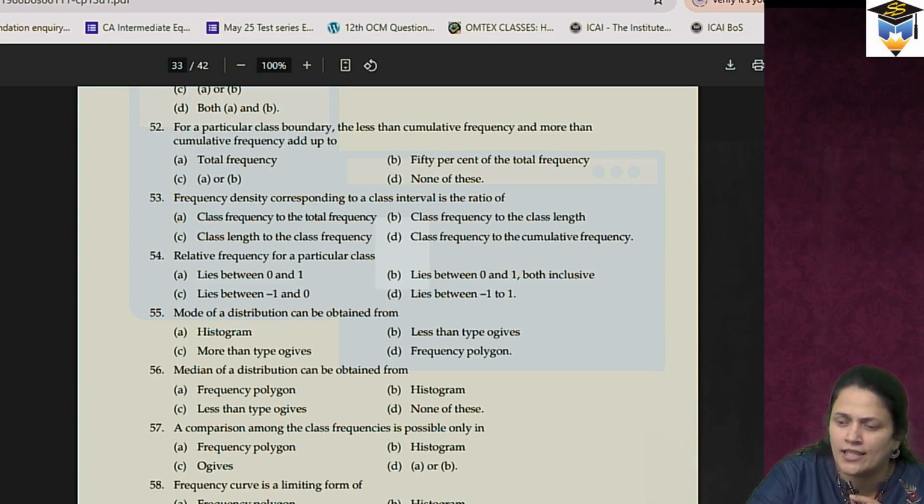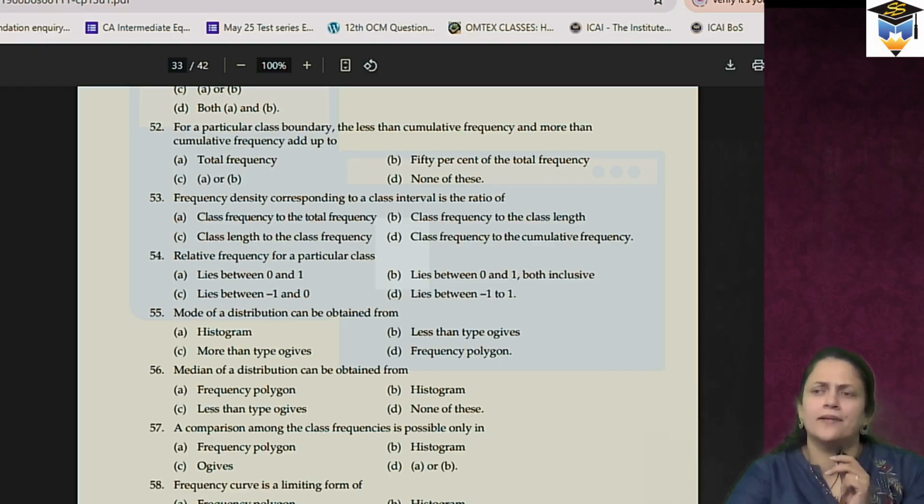53. Frequency density corresponding to a class interval is the ratio of class frequency to class length. So which option? D is the correct option or B is the correct option?